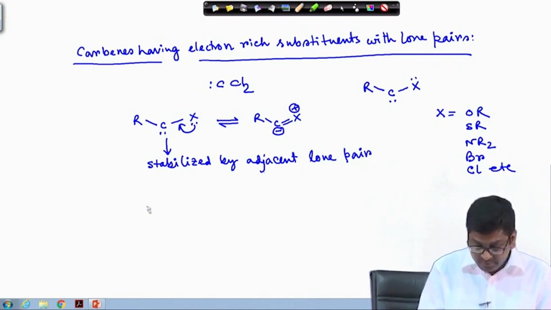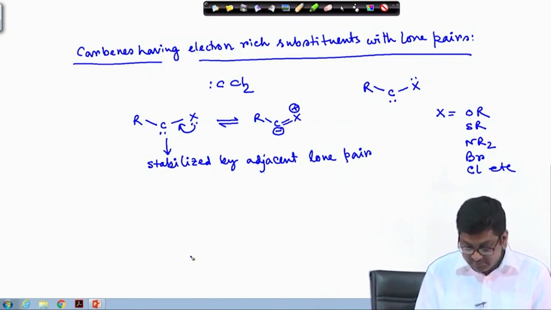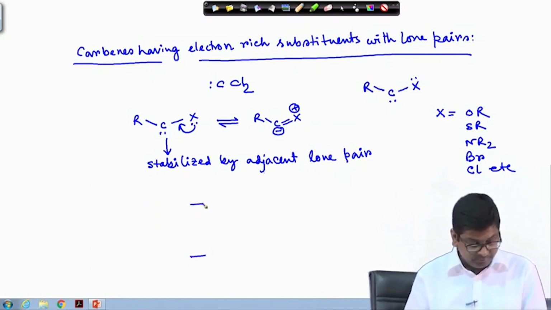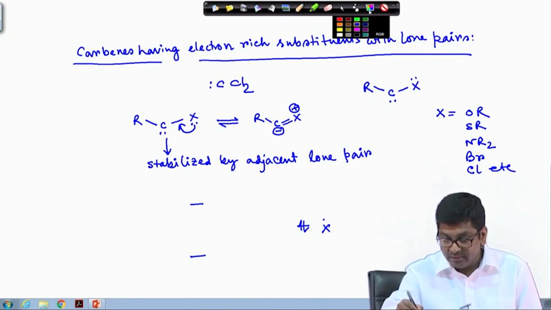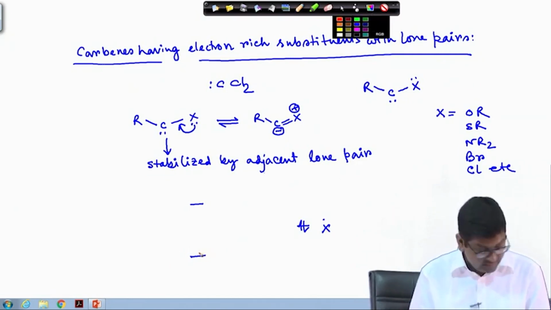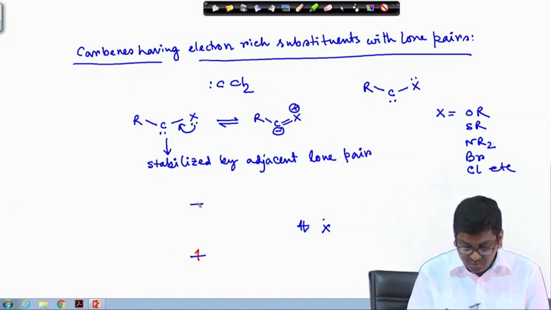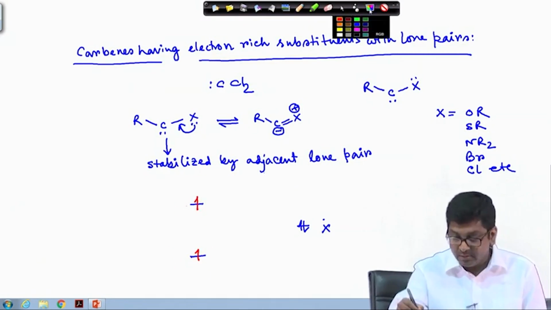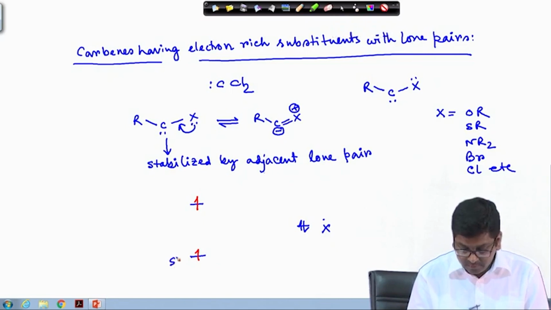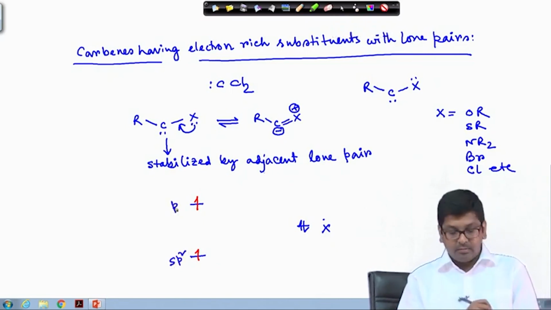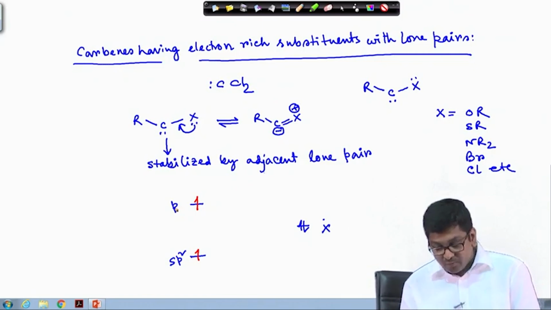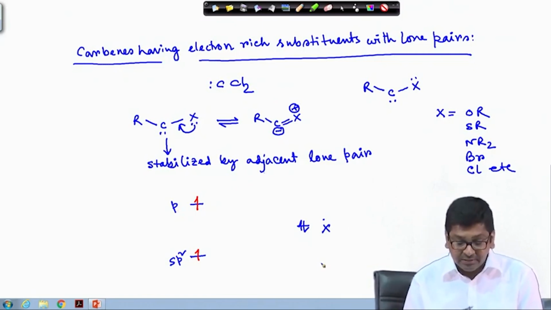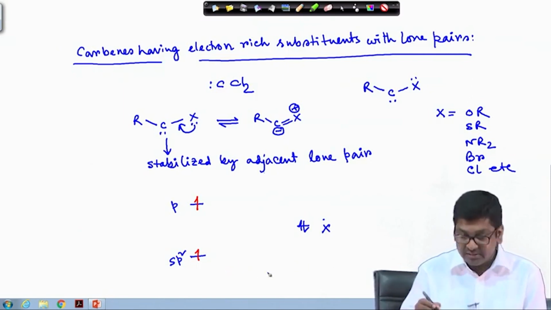If we see its orbital overlap, okay. Now, this is the X that is having this lone pair, we can think like this, and this is the sp2 and p. Okay. Now, once these orbitals overlap, they will generate lower energetic new orbitals.